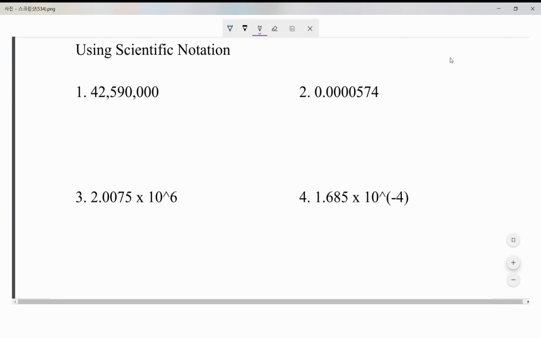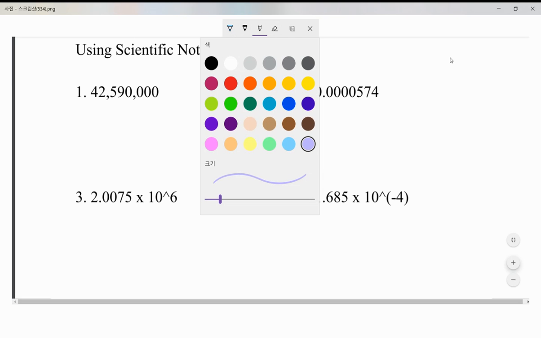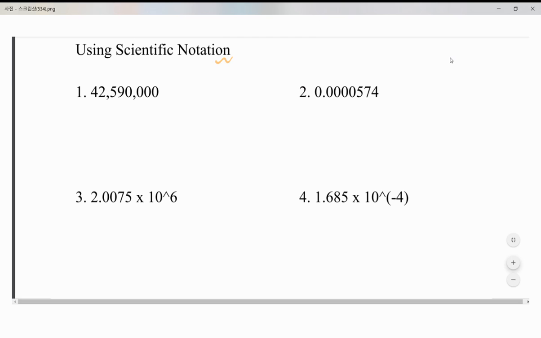Okay, last one. I will explain a little bit for this one. Scientific notation. What they mean by that is a way of writing very large or very small numbers, right? Numbers written in scientific notation have a number between 1 and 10 multiplied by a power of 10.